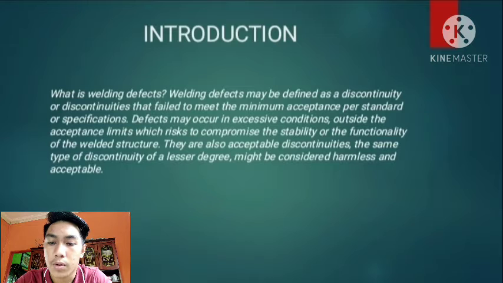Defects may occur in excessive condition outside the acceptance limit, which risk to compromise the stability or the functionality of the welded structure. There are also acceptable discontinuities. The same type of discontinuity of a lesser degree might be considered harmless and acceptable.